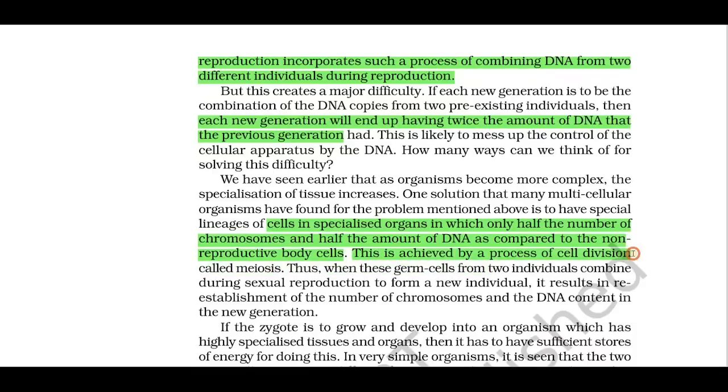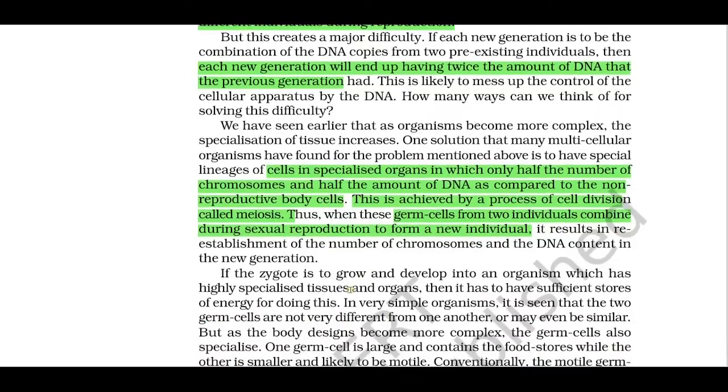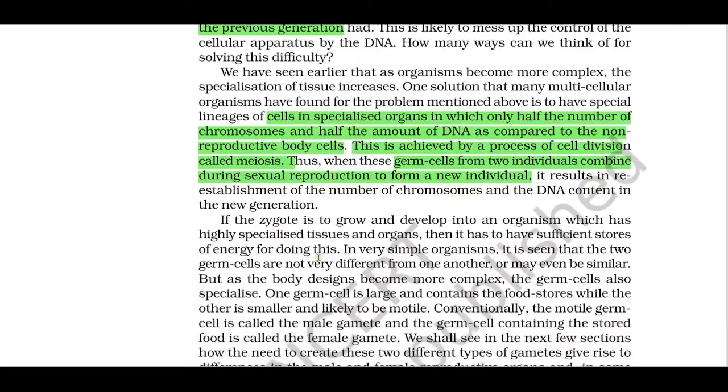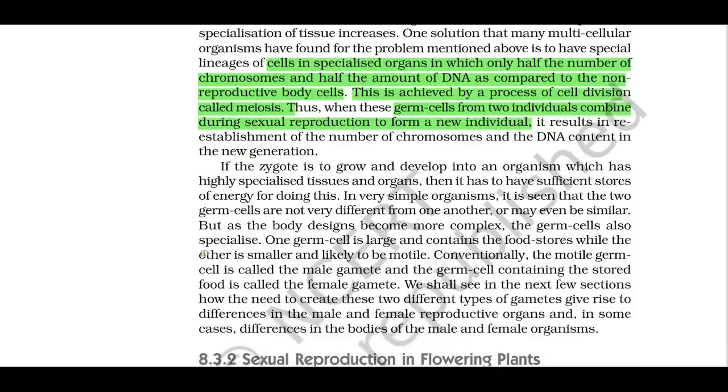This is achieved by the process of cell division called meiosis. 2 germ cells from 2 individuals combine during sexual reproduction to form a new individual. It results in the re-establishment of the number of chromosomes and DNA content in the new generation. This results in the same amount of DNA as in the parent cells.